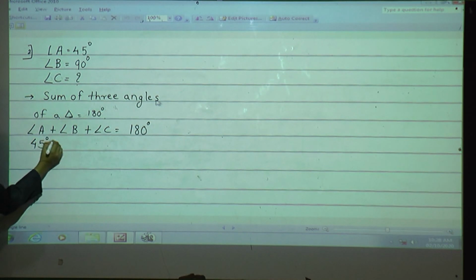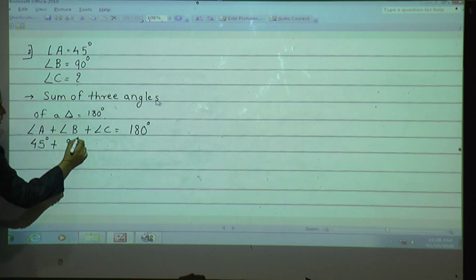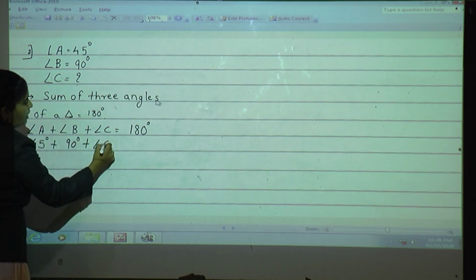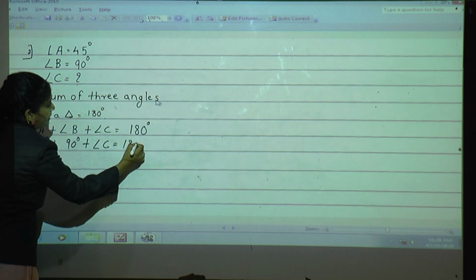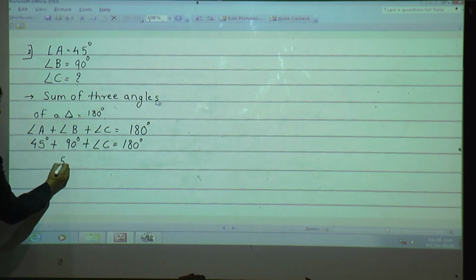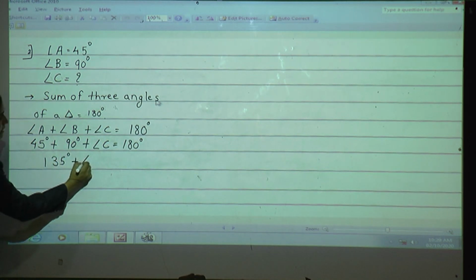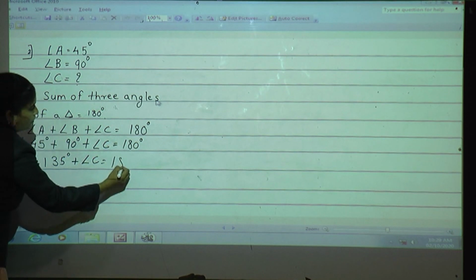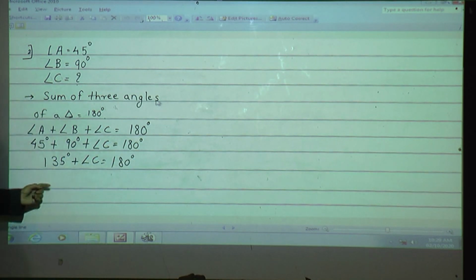So put the numbers instead of the name. A is equal to 45 degree, B is equal to 90 degree, and we have to find this angle C. So just calculate it. 45 plus 90 is equal to 135 degree, plus angle C is equal to 180 degree.